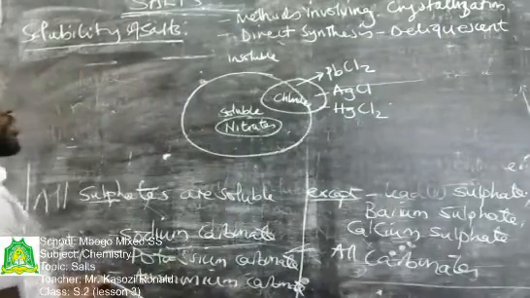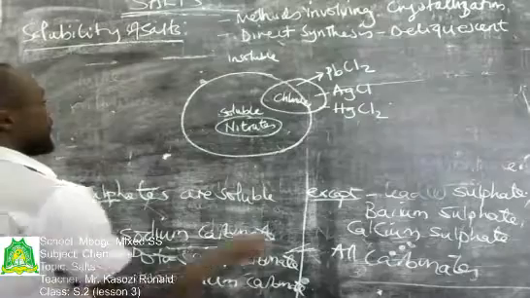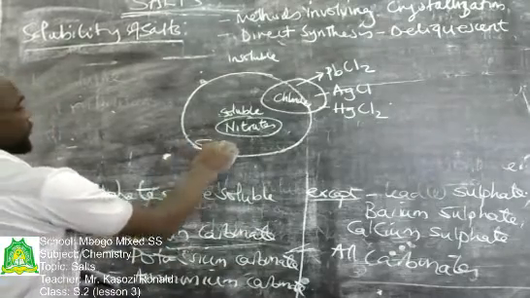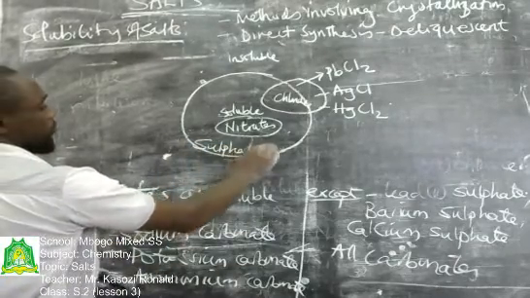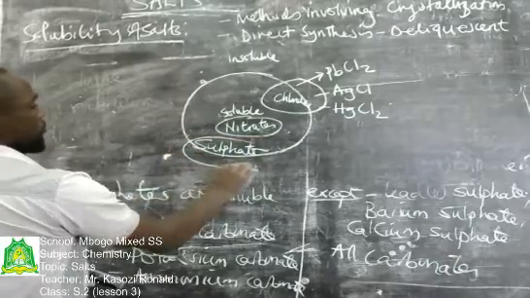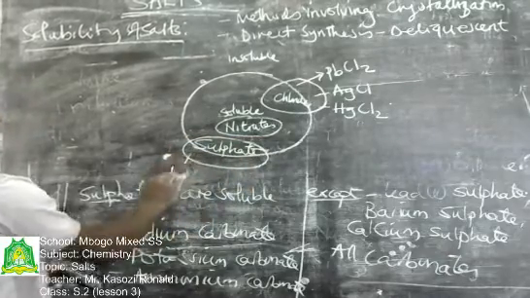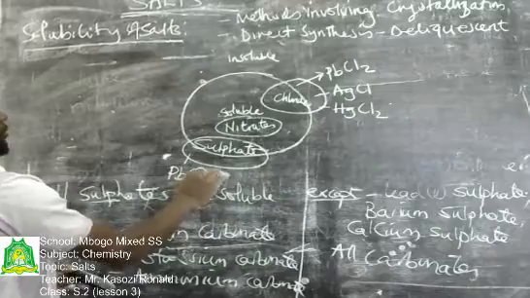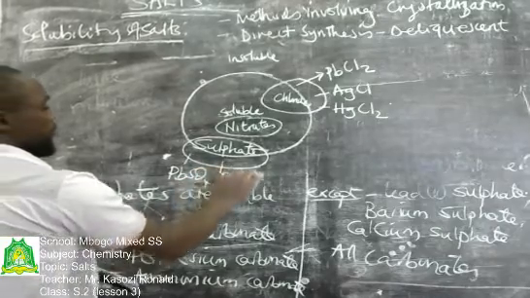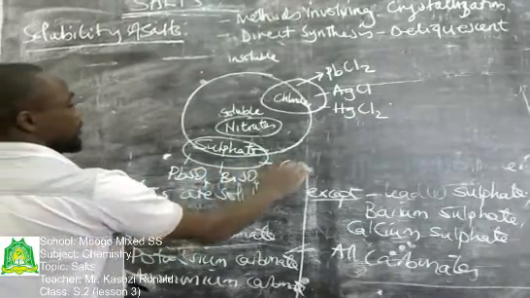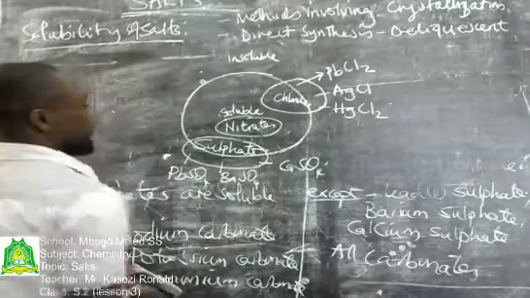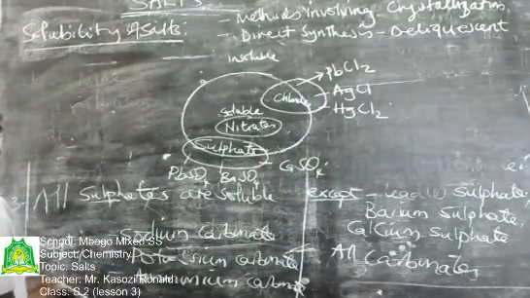Then sulfates are all soluble, except lead 2 sulfate, which is insoluble, barium sulfate, and calcium sulfate, which is sparingly soluble.